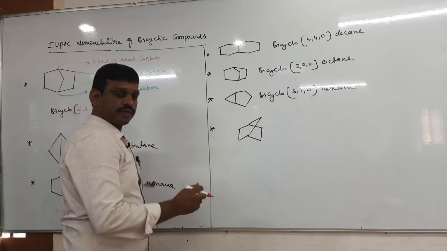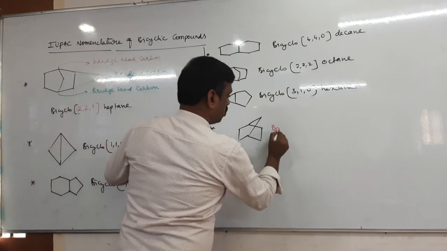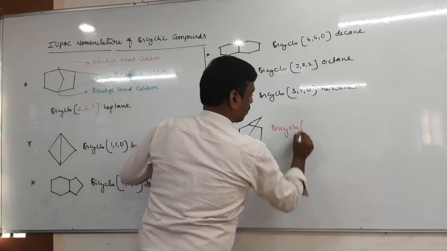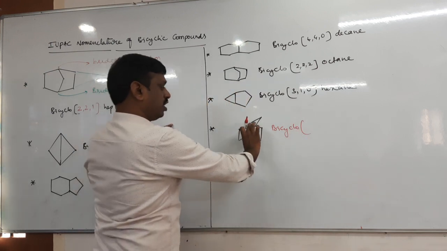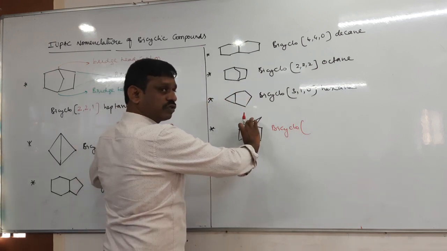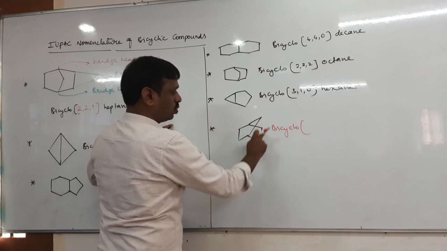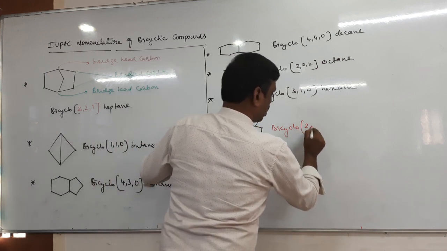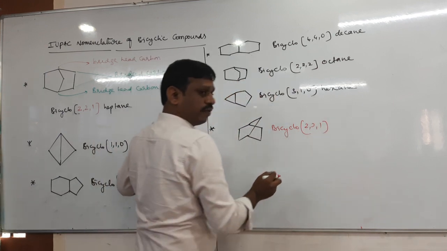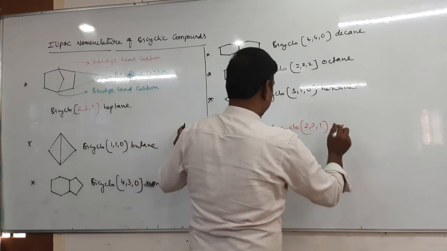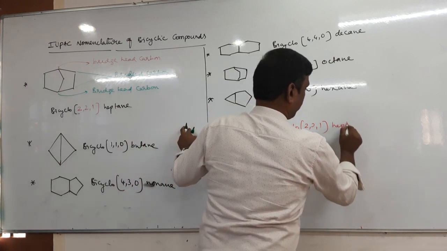It is bicyclo. See, these two are the bridgehead carbons. Then that is the bridged carbon, 1, 2. It is 1. So 2 comma 2 comma 1. Total how many carbons? Heptane.